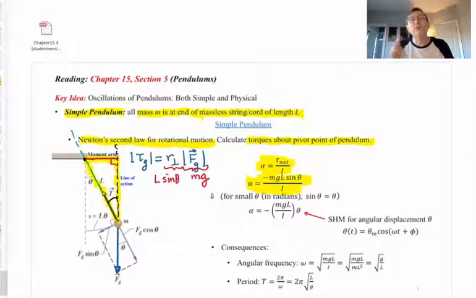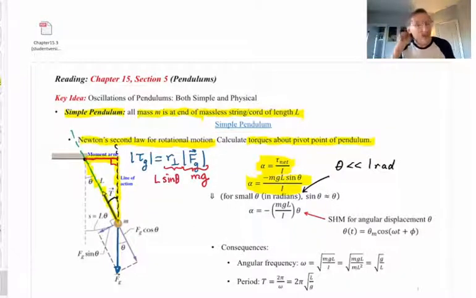So we're going to add one more restriction in our analysis of a pendulum. We're going to restrict ourselves to small values for the angle theta. For small theta. Now the theta is going to be measured in radians. So when I say I want to have small theta in radians, what I mean is that the angle theta is quite a bit less than 1 radian.